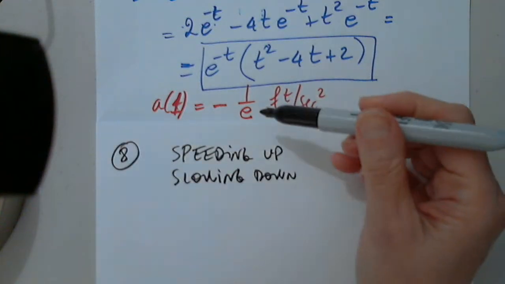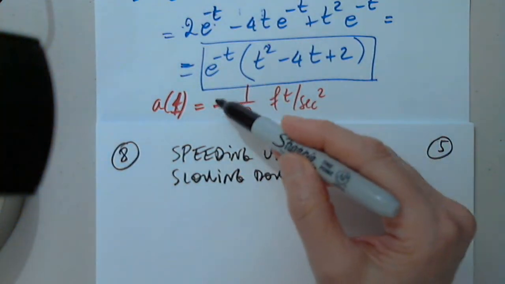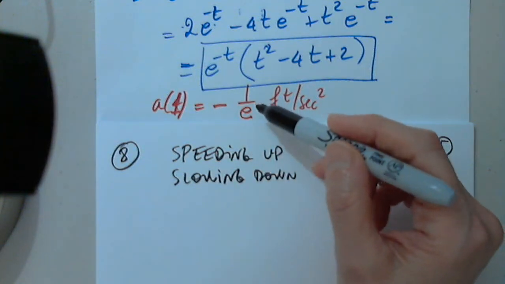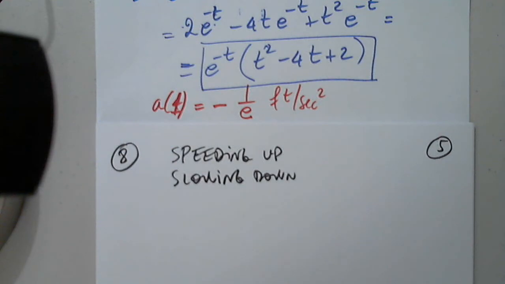That's the reason why I asked. We understand that when the acceleration is negative, the velocity is decreasing, right? And that's what it means.